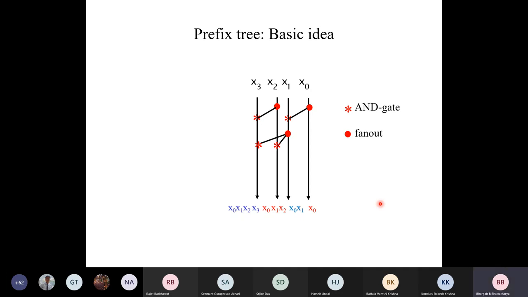Look at this diagram. Is there any confusion here? So I want to expand this to x0 to x7.